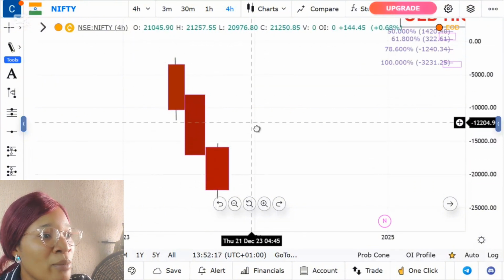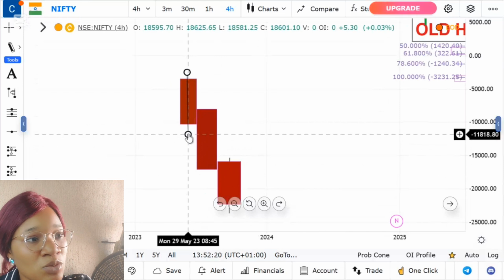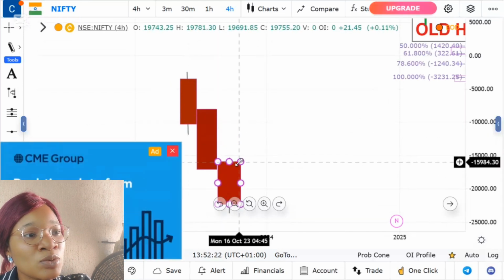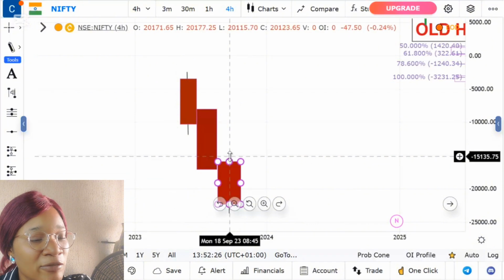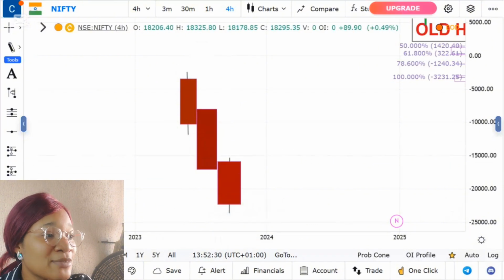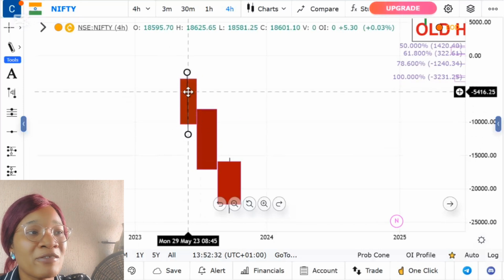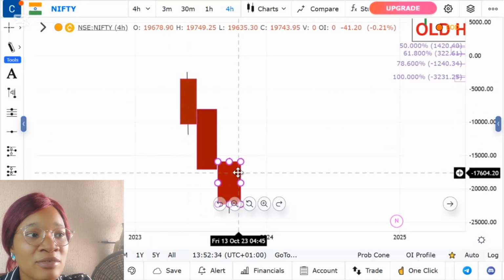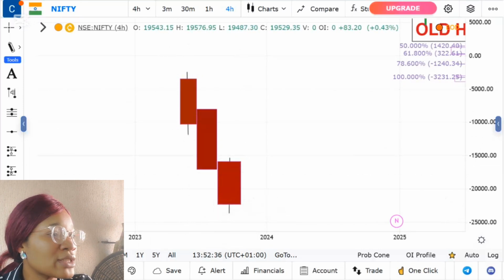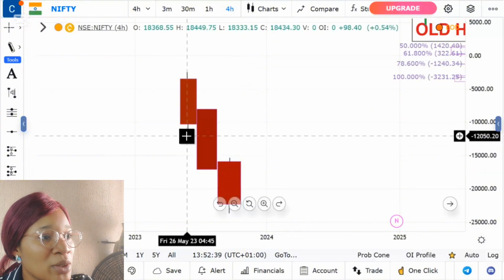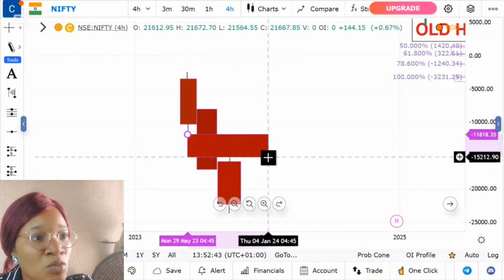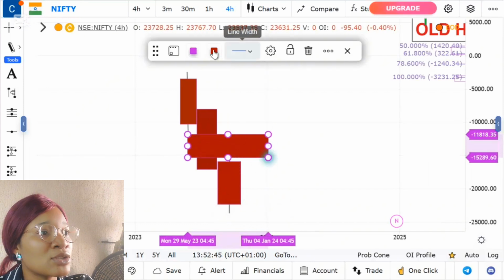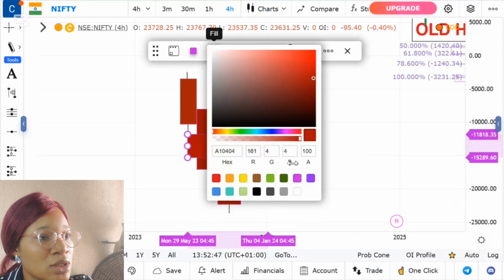Now you mark from the low of the first candle to the high of the third candle. Whatever space is in between here, you can see I'm marking from the wick to the wick. Okay, so let me not fill this.